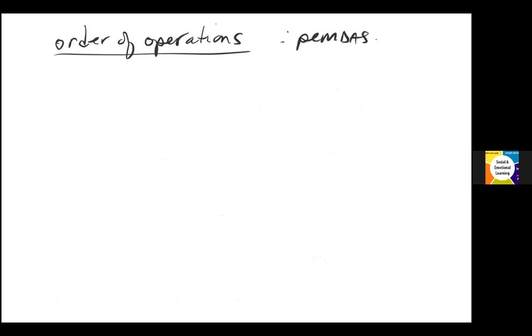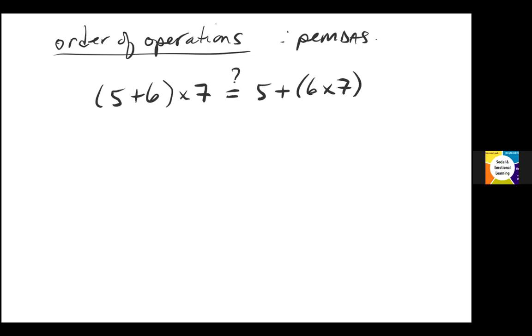So just before we move on, I would just like to ask: is 5 plus 6 times 7 equal to 5 plus 6 times 7, with the brackets moved? Do our commutativity and associativity principles apply here?